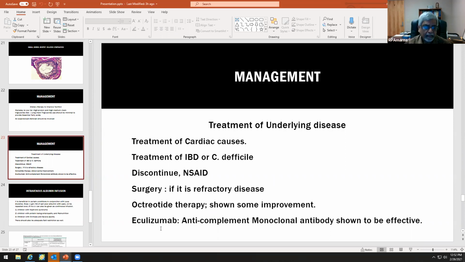And there is an anti-complement monoclonal antibody. It seemed to be effective in protein losing enteropathy, especially if they have immune mediated protein losing enteropathy.